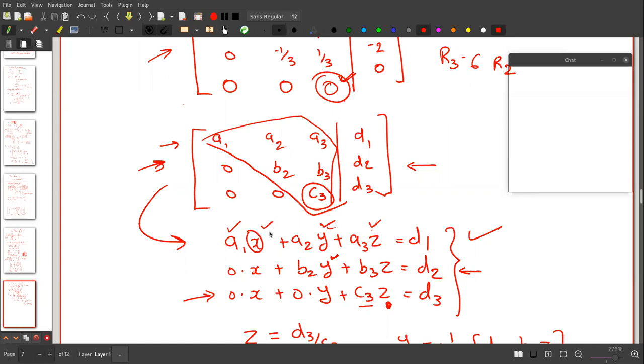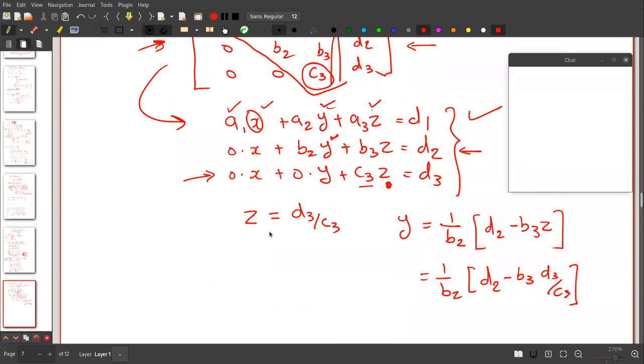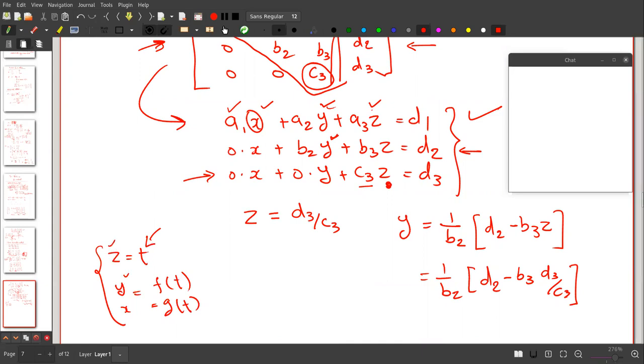What we do as a solution, we say let's put z as some arbitrary value. So we take z as some t, and we calculate y and x in some form of t, and we say that there exist infinite solutions depending on the t. So as we change t, we get different values of x, y, and z. Am I clear?